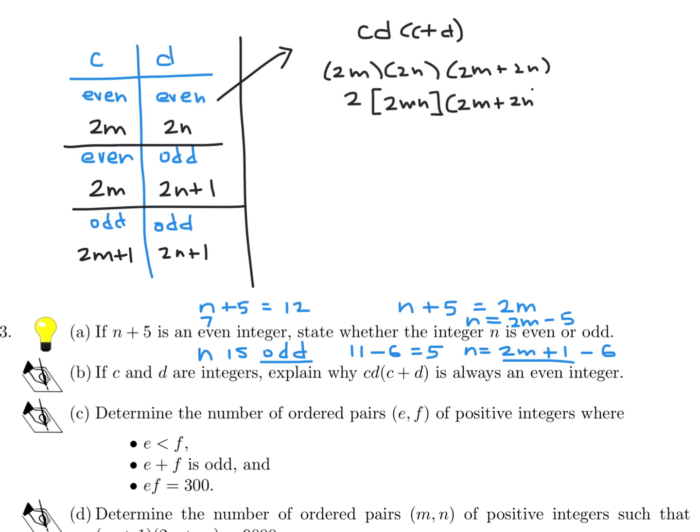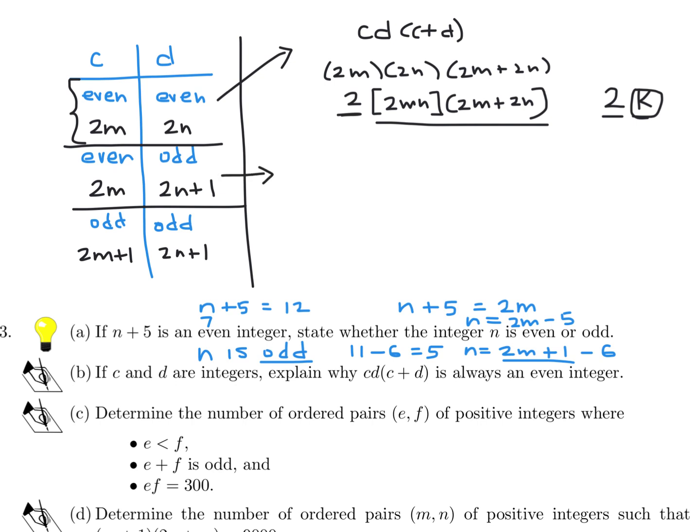Now, the reason I arranged it like that is because there's a 2 out front. And anytime there's a number 2 multiplied by anything, it's even, because all even numbers are of the form 2k. So whatever this k is, it doesn't matter as long as there's a 2 out front, it's even. So we proved that this scenario is even.